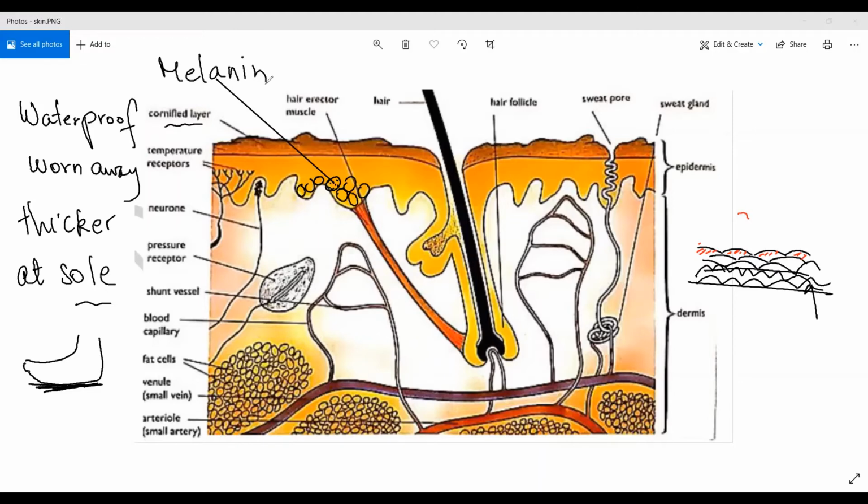It is a dark pigment, and it is very important. It helps to absorb the harmful ultraviolet rays that would damage the skin. If there are light-colored skin people, they are affected more than the dark-skinned people by the ultraviolet rays. When melanin increases, it gives more protection against ultraviolet rays, because it absorbs them and prevents damage to the skin.